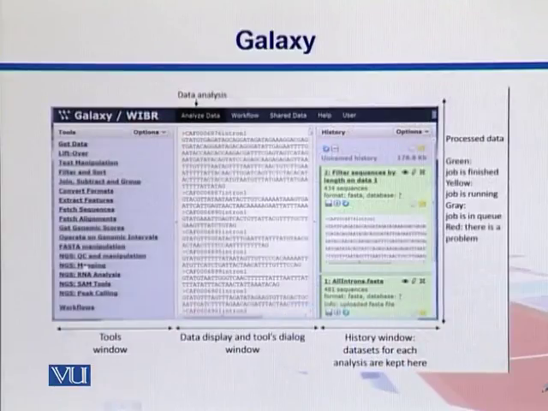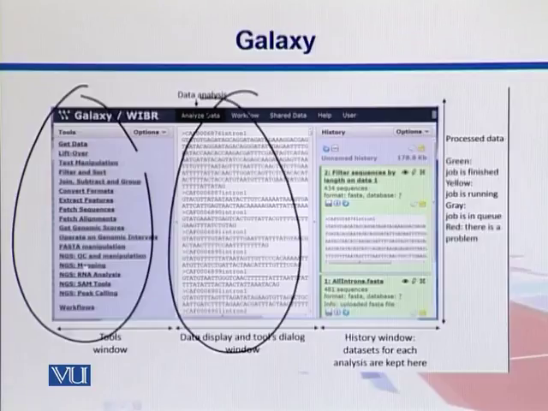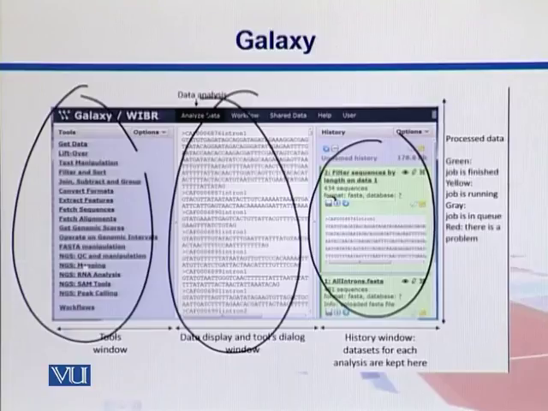Towards the left-hand side, we have these tools. Then we have data display, and obviously you can choose menus from here, and history is where it gives your different tasks different numbers, and you can view them. You can download your results and reports from here.